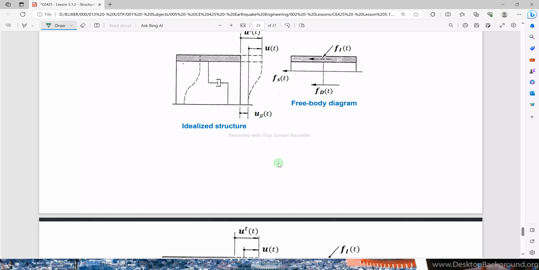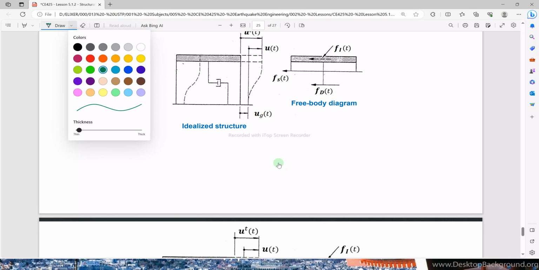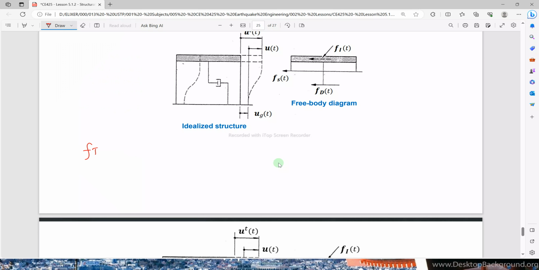So if we rewrite the equation, we have the inertia force plus the damping force as a function of time plus the elastic restoring force as a function of time is equal to p of t.